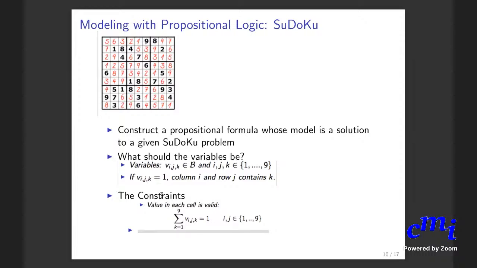Since I've defined Vijk to be 1 if the cell holds k, exactly one of them has to be 1, because you can't have 2 different numbers sitting in the same cell. So that is one kind of sanity constraint that you should have. You can't have 2 distinct digits inside the same cell. That's what this constraint expresses.